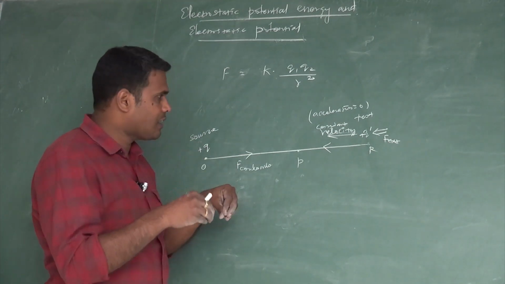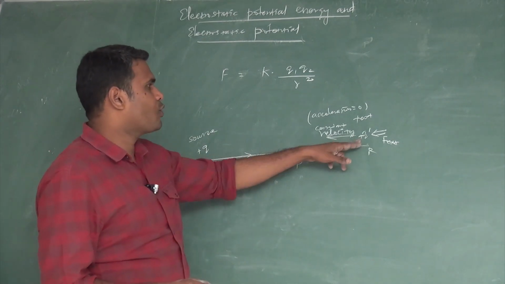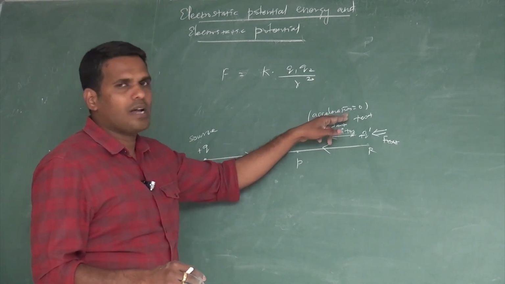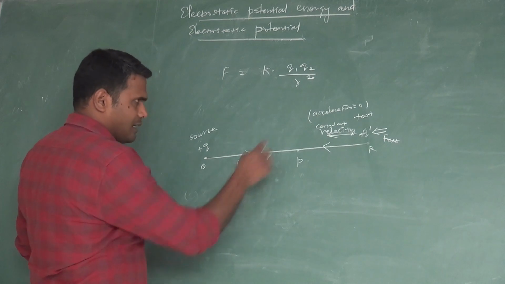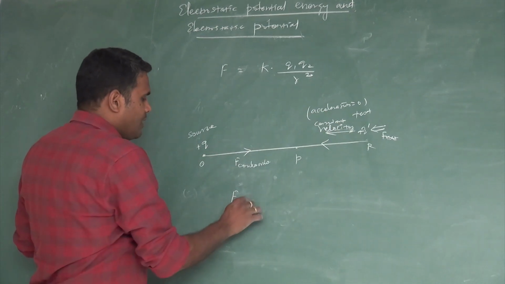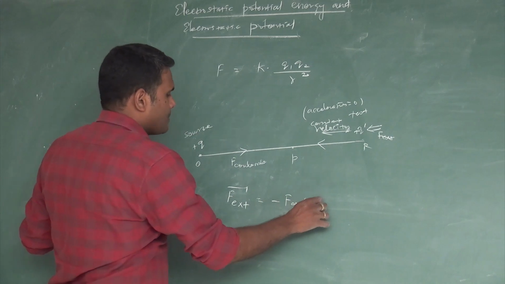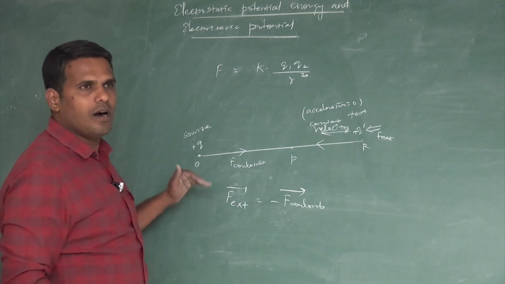Then the determination of fields will not be proper. So in order to avoid that, the charge q prime must be moved with a constant velocity, that is with zero acceleration. Then we can write the condition: F external is equal to F Coulomb. The two forces must be equal and opposite.